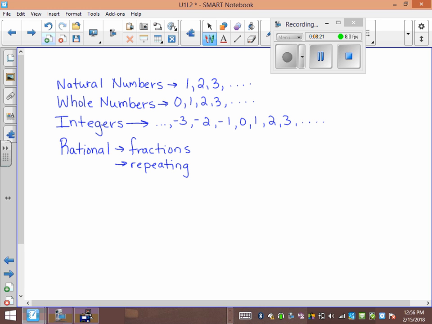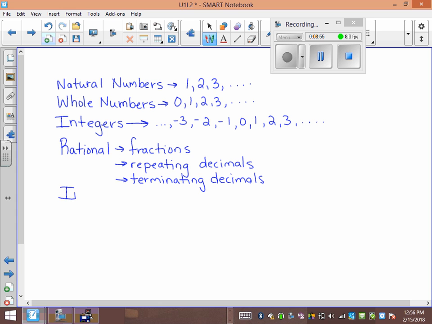Either repeating decimals or terminating decimals. And terminating decimals are decimals that stop, right? So if the decimal repeats or the decimal stops, then we can turn it into a fraction, and then it's rational. We agree?